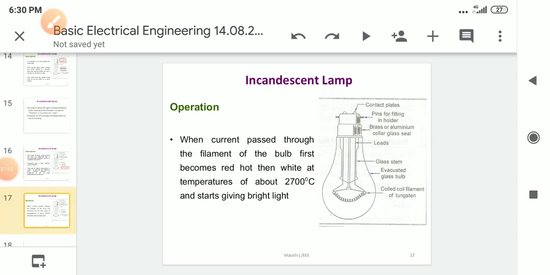How does it work? When current passes through the filament of the bulb, it first becomes red hot, then white at a temperature of about 2700 degrees centigrade, and starts giving bright light.